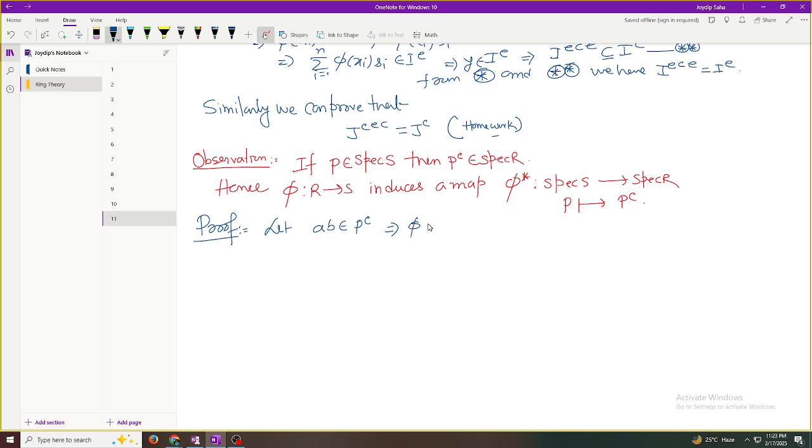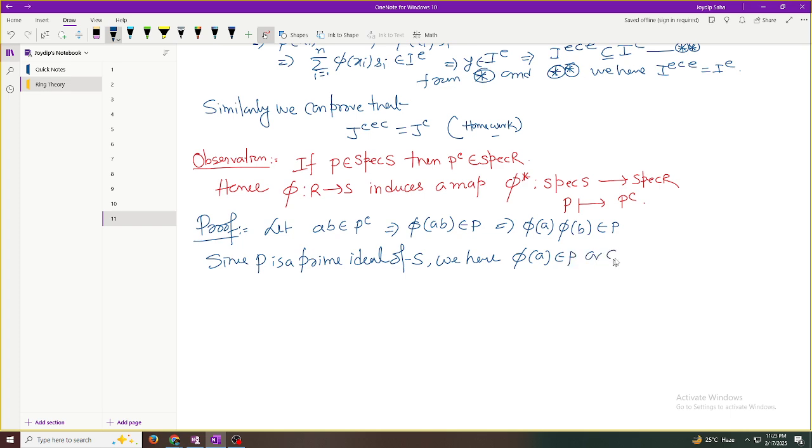This implies phi of ab belongs to P, that is phi a times phi b belongs to P. Since P is a prime ideal of S, we have either phi a belongs to P or phi b belongs to P. That is, a belongs to phi inverse P, which means P contraction, or b belongs to phi inverse P, that is contraction.